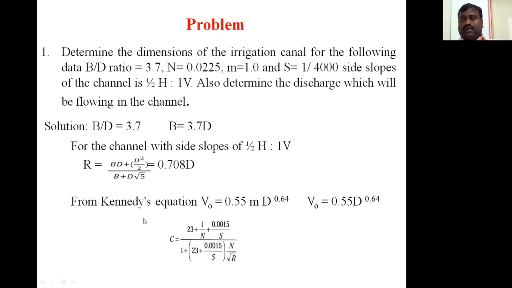And for calculating mean velocity of flow, Kennedy made use of the Kutter's equation, which is given by V is equal to C root RS.